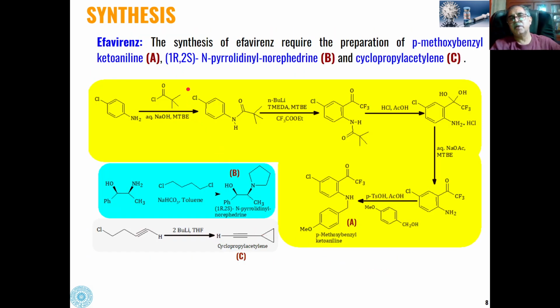As far as the method for the synthesis of efavirenz is concerned, we start with 4-chloroaniline, and when this is reacted in the first step with this carboxylic acid derivative, an acid chloride, then we know an amide will be formed.